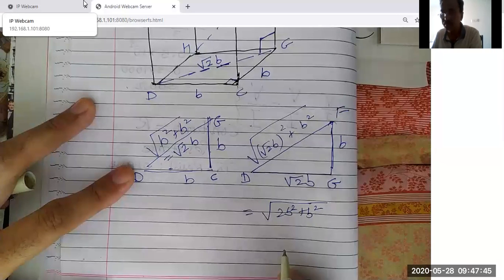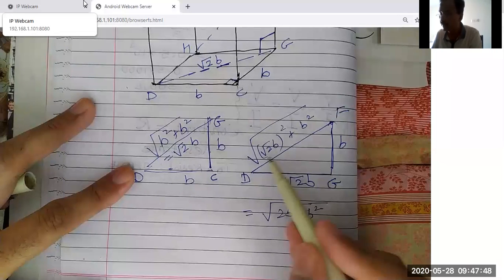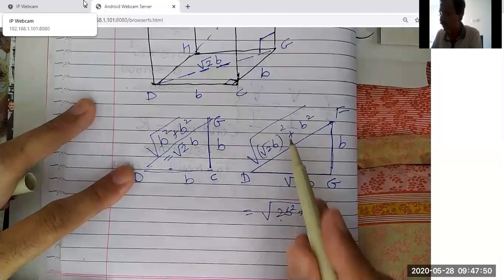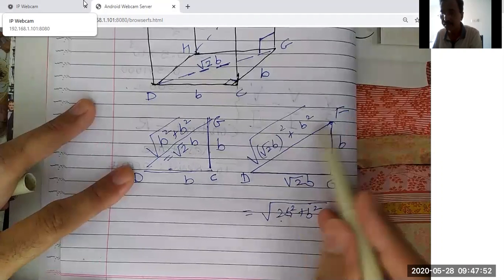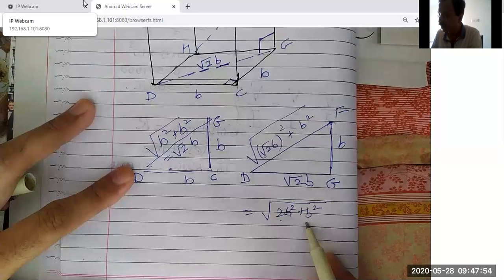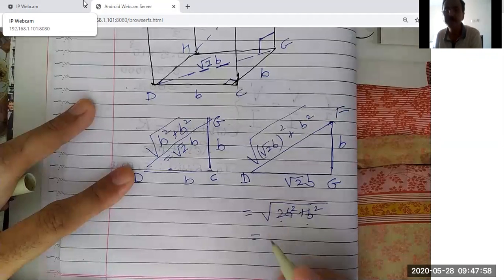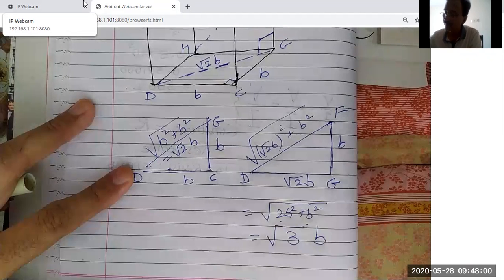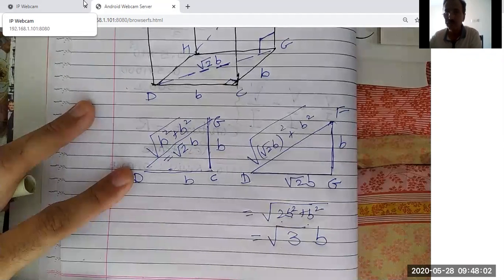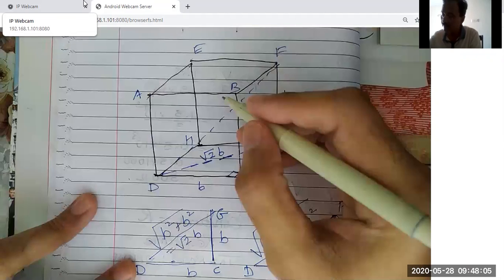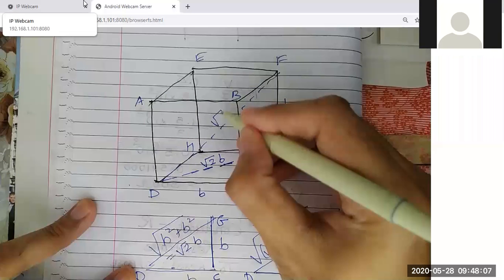Root 2 square is 2, B square is B square, plus B square continued. This is going to be root 3B. So this is root 3B.